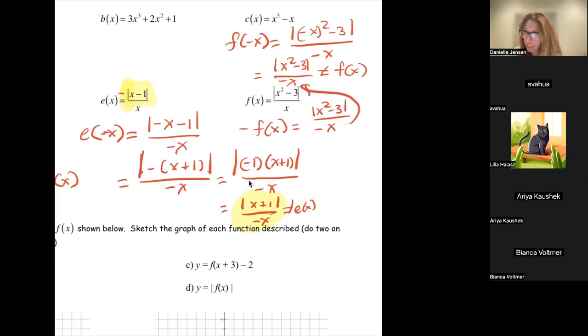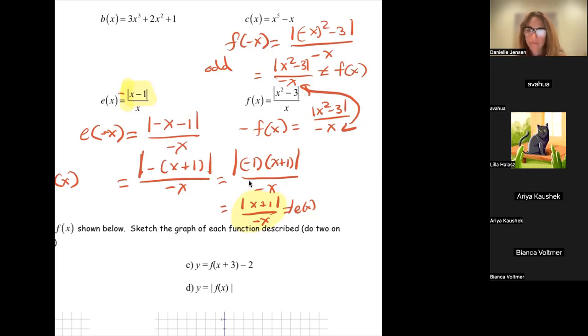And isn't that equal to f of negative x? Oh, okay, yeah. So this would be odd. And again, some people think about it this way: when I put in negative x, I end up with an even function over an odd function, and an even divided by an odd, just like an even times an odd, is going to be an odd.